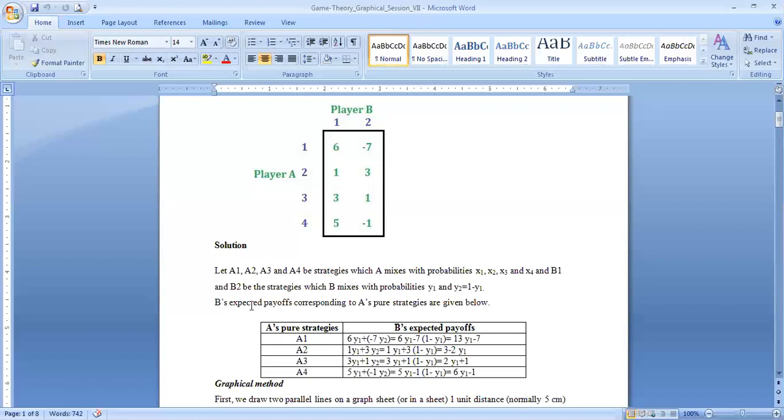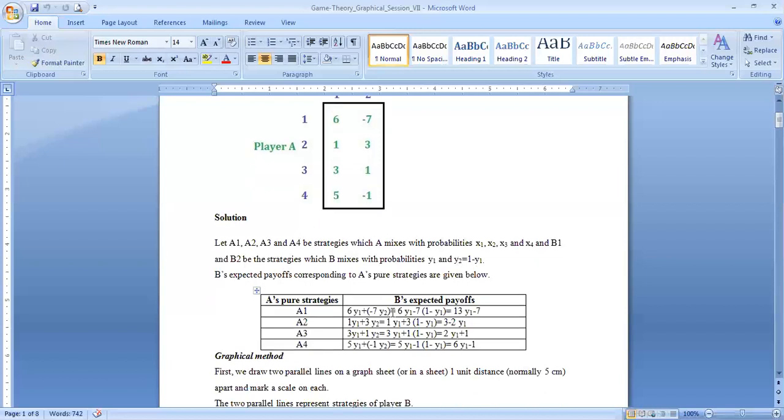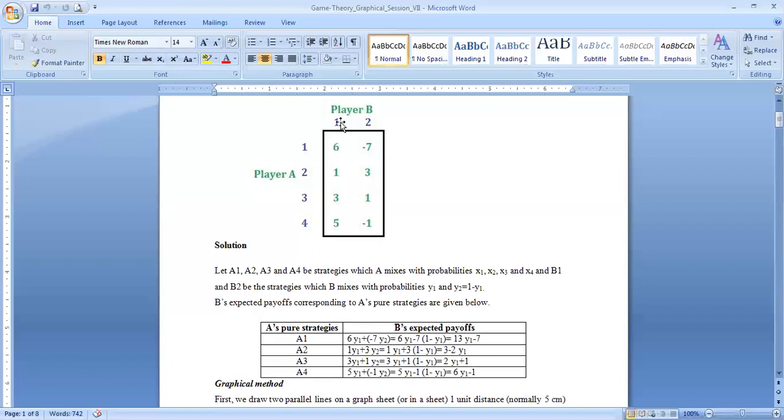Then based on this, we can find B's expected payoff when the player A plays a pure strategy, because B has y1 and 1 minus y1 as the probabilities of using the strategies. So when the player A considers only one strategy, what will be the expected payoff for B?